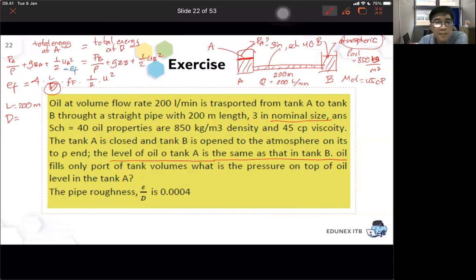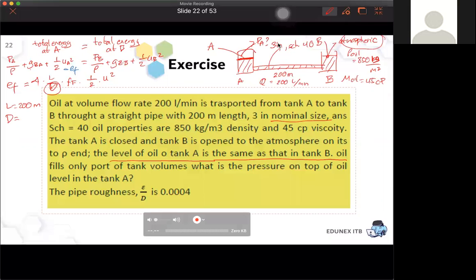What is D here? Is it diameter, sir? It is diameter, but diameter of what? Of the pipe, sir. Outside or inside?